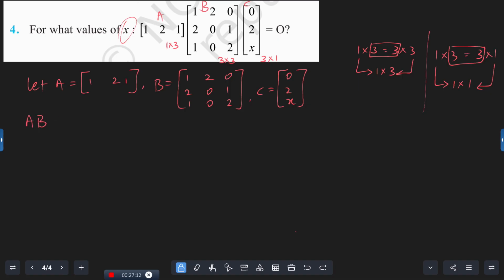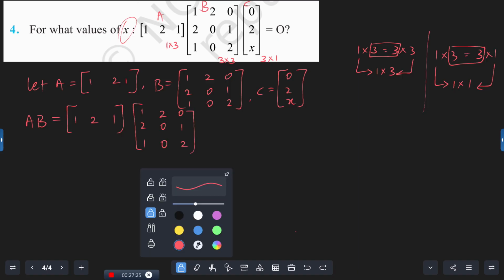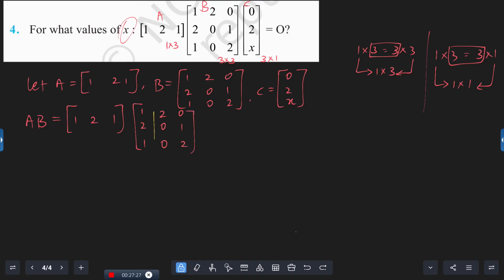AB matrix product: 1, 2, 1 multiplied with the square matrix 1, 2, 1, 2, 0, 0, 0, 1, 2. That's it. So row with the column. See, we have only one row, so just multiply with each column.